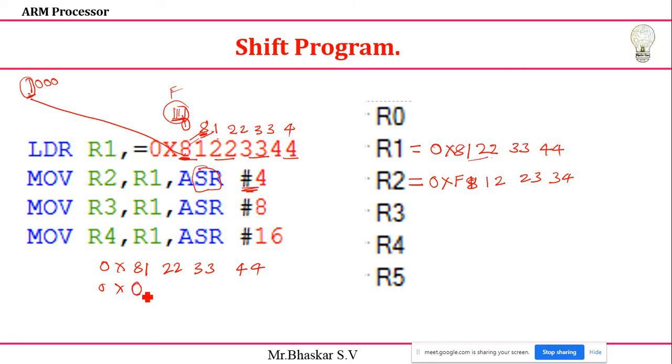I need to fill the value with 0; 8 and 1 will come to here, next 2 2 will come to here, 3 3 will come to here, next 4 value will come to here. Only 1 hex digit position is shifting to the right side. So here 1 digit indicates 4 bits. Each one is called a nibble.